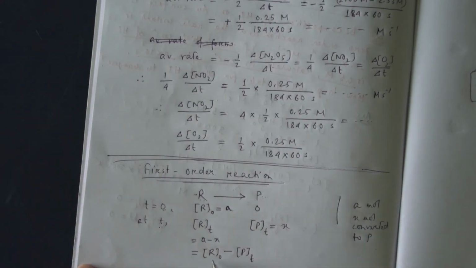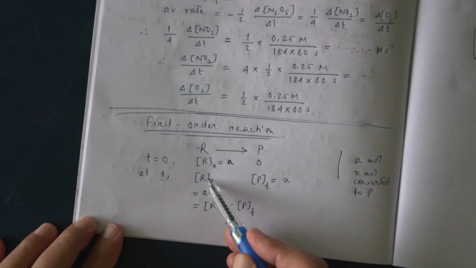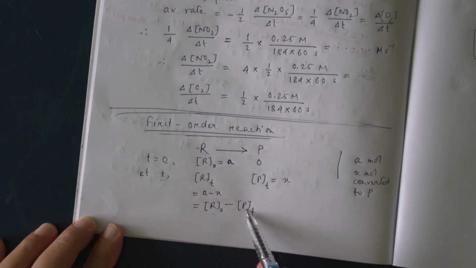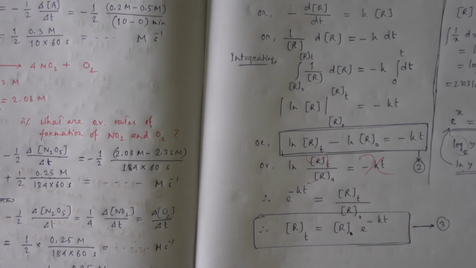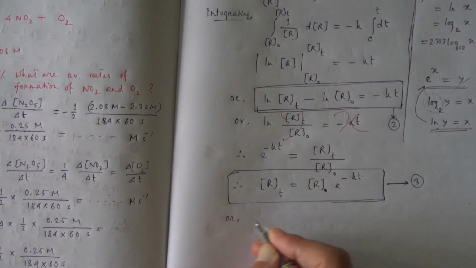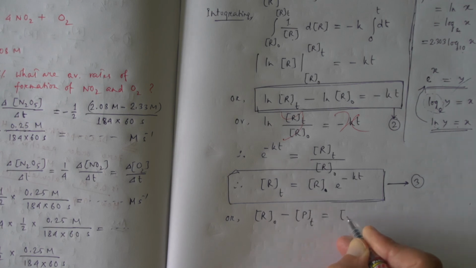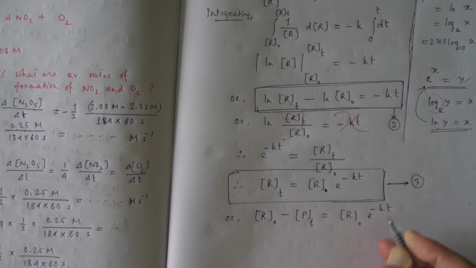Now what is rt? rt equal to r naught minus pt. So we can write r naught minus pt equal to r naught e to the power minus kt.